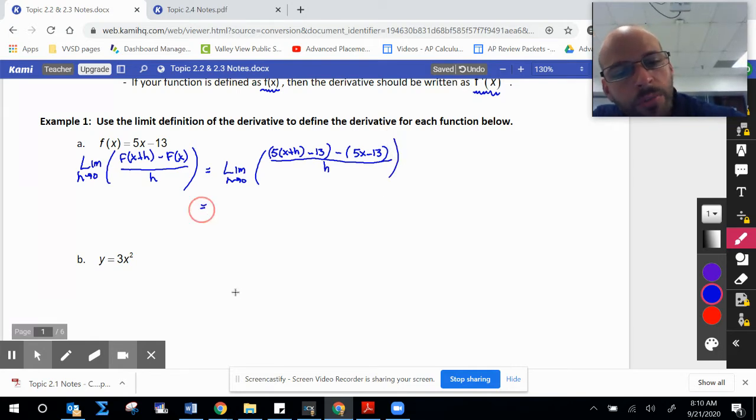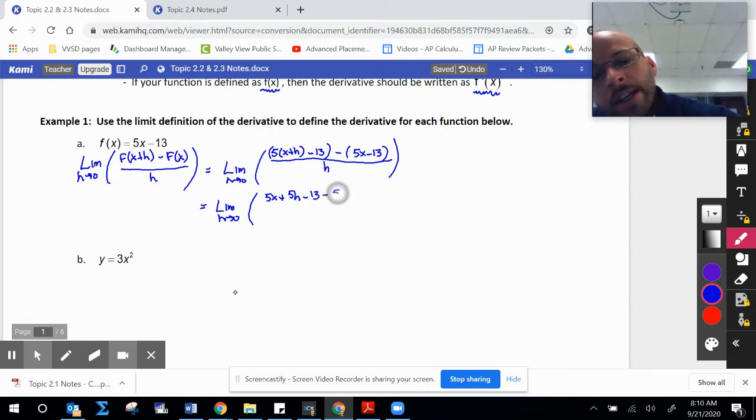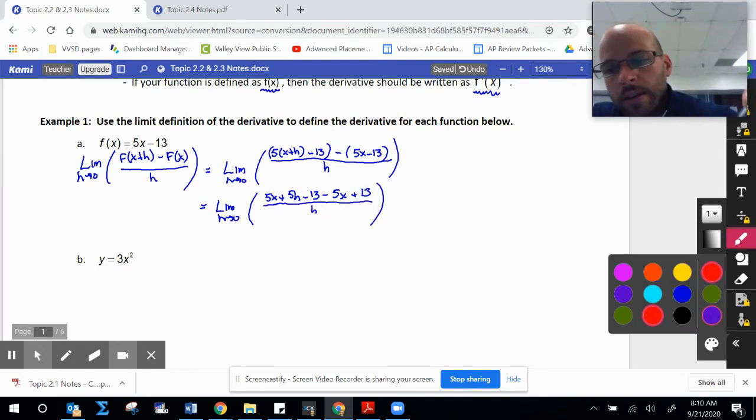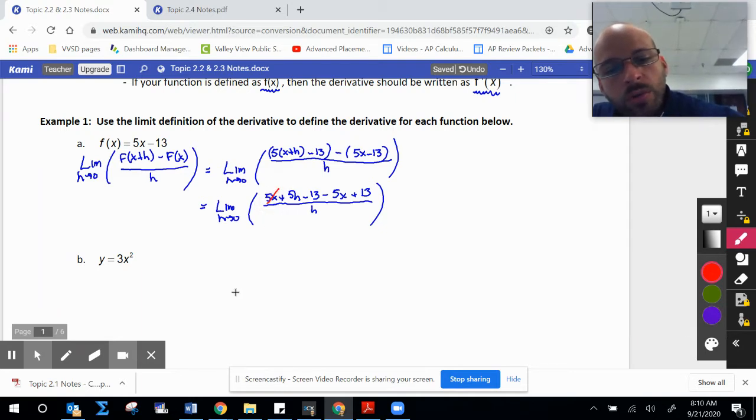If I do a little distribution, I have, as h goes to 0, 5x plus 5h minus 13. I'm also going to distribute the negative. So that would be negative 5x plus 13 all over h. And the fun part, gone. 5x's go away. The 13s will also cancel.